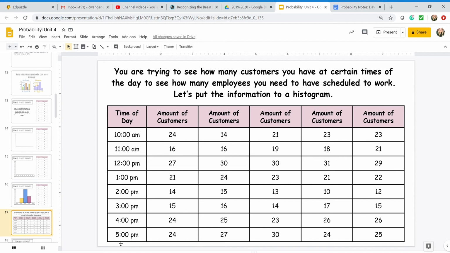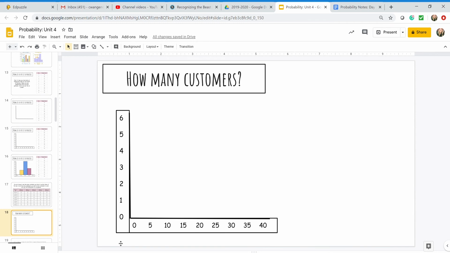How you want to set up your histogram gets a little complicated. How I set mine up is something similar to this. Now ignore these numbers here because they aren't really going to matter. What's going to matter is how many customers you have. Remember, a histogram is understanding a range of data, a range of information.